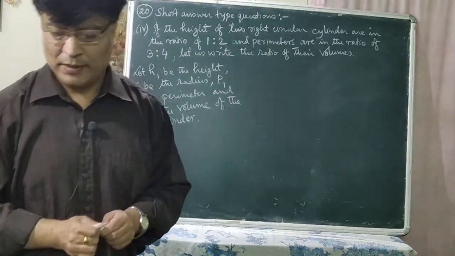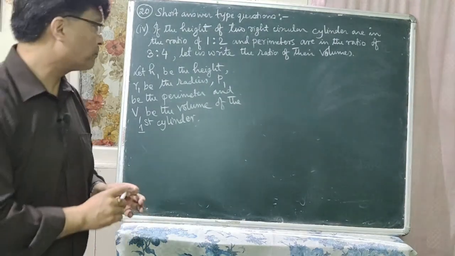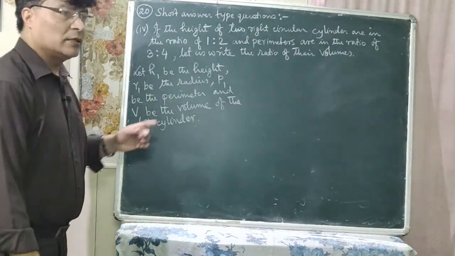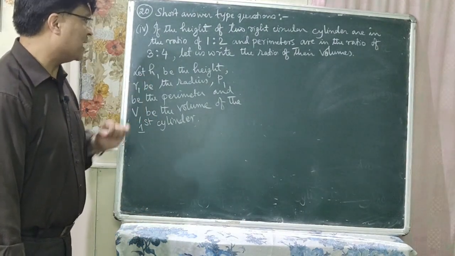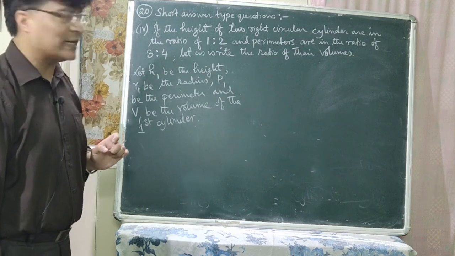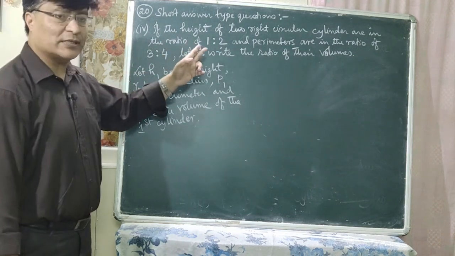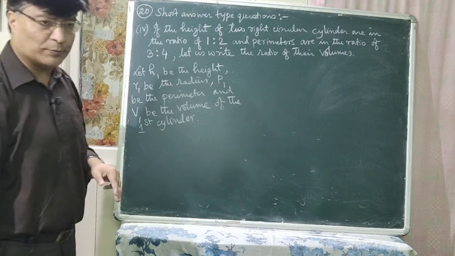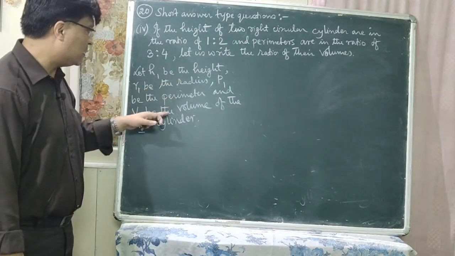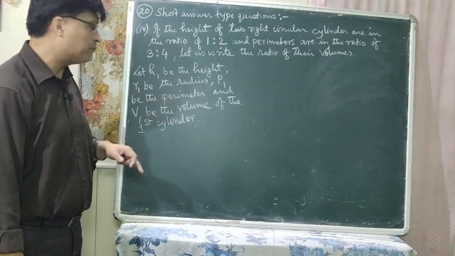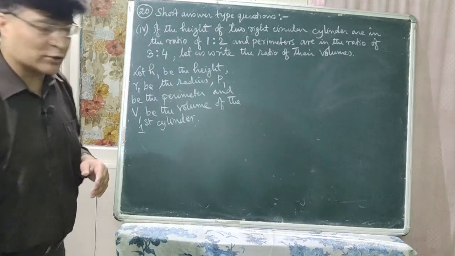Is that clear? So next, in this case, what is given? Ratio is given. That means you have to assume the height, radius, perimeter and the volume of the second cylinder also.